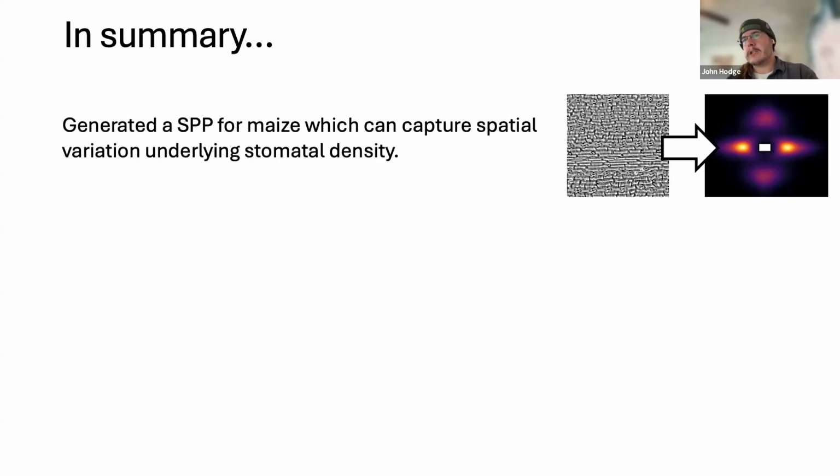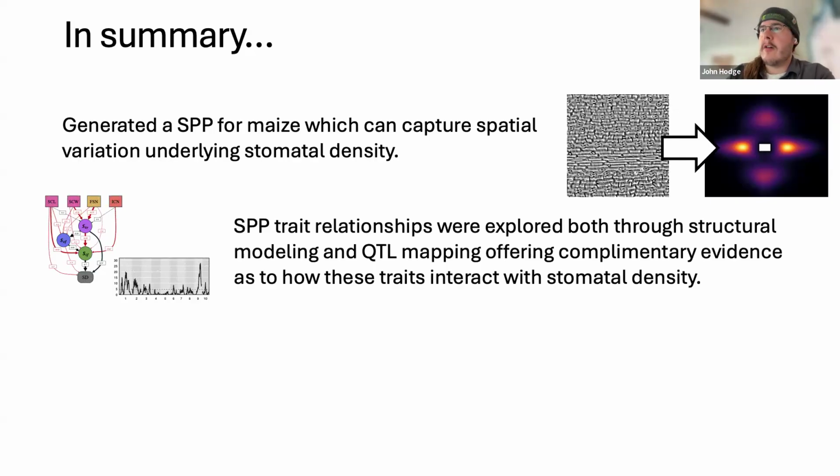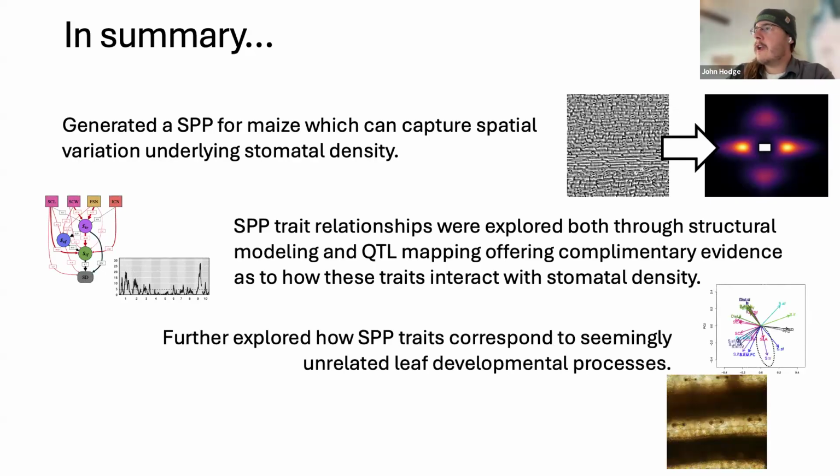And in capturing that morphology, we could think back on how the developmental sequence could actually have produced this phenotype that we ended up creating. We used that phenotype space to generate a number of traits, and we then explored them through structural modeling as well as through QTL mapping. And finally, we also at least got hints that there might be other parts of leaf development that are hidden under these other traits that we really had not anticipated until we started on this study.